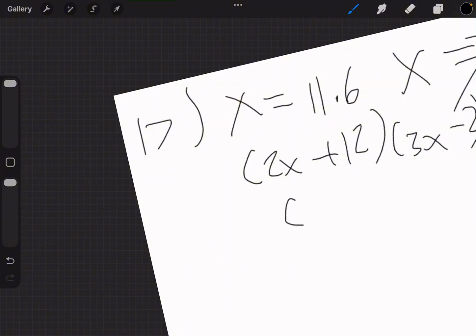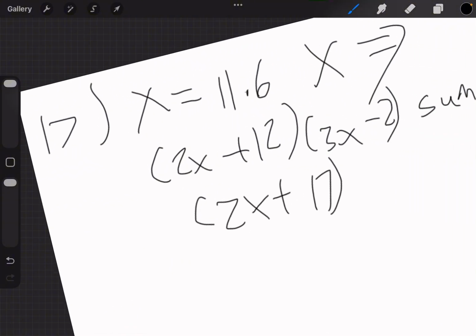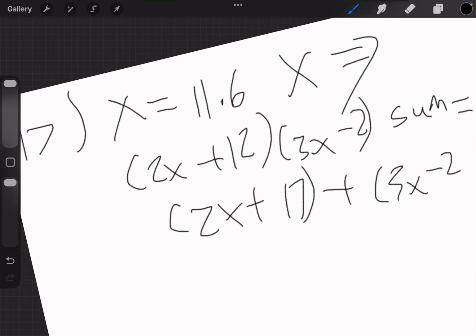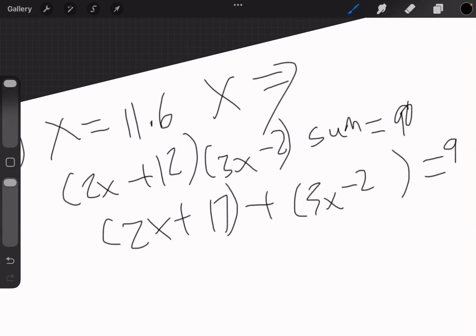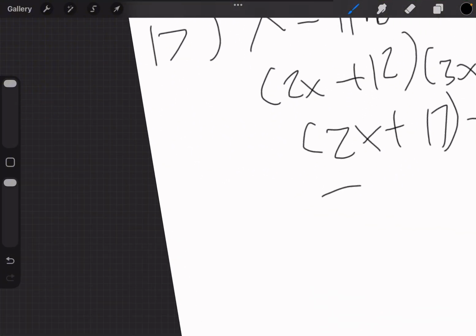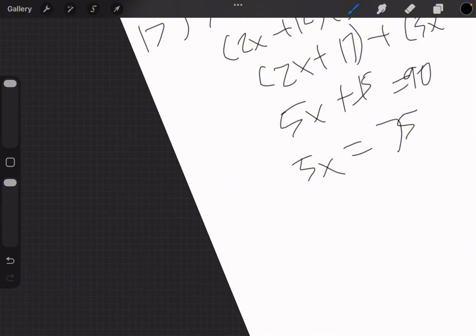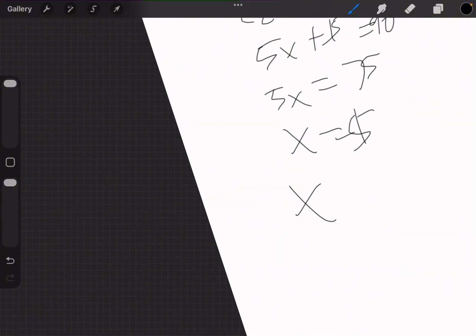So 2x plus 17 plus 3x minus 2 equals 90. Okay, so 5x plus 15 equals 90, and then 5x equals 75. So simplifying it, x equals 15. Okay, my final answer is x equals 15.